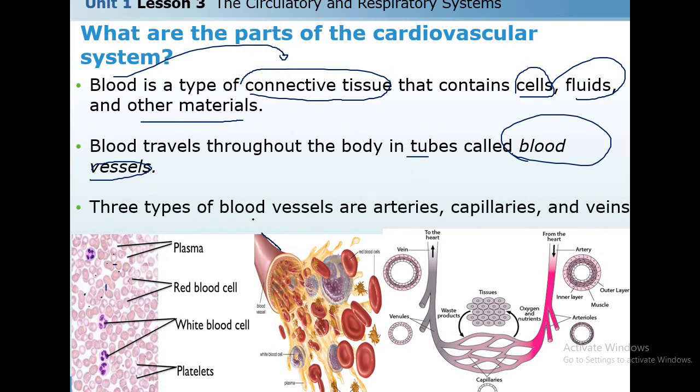We have three types of blood vessels: arteries, capillaries, and veins. This is called an artery, this small blood vessel is called a capillary, and this is called a vein.